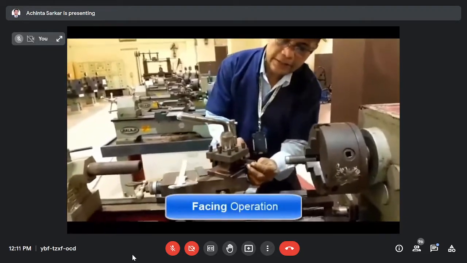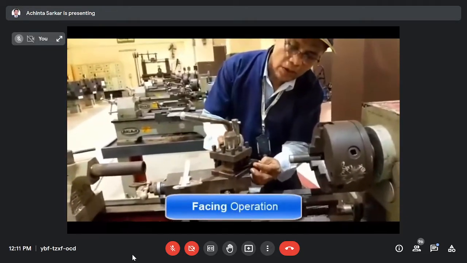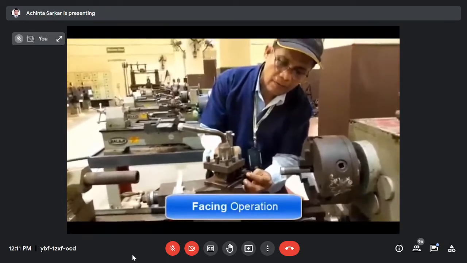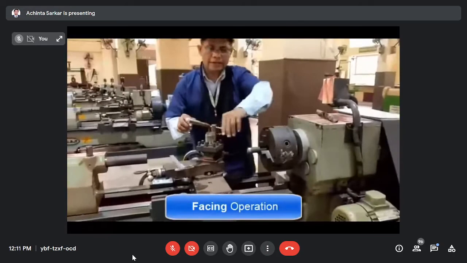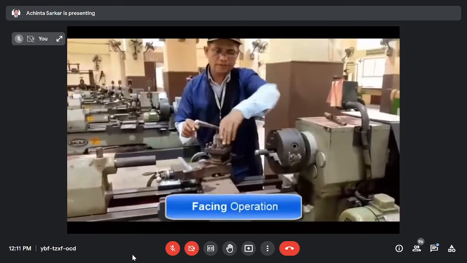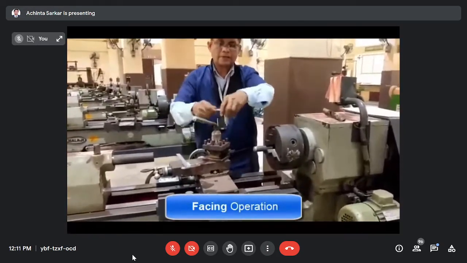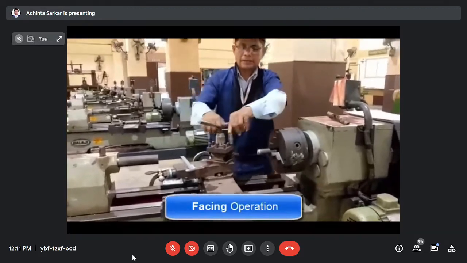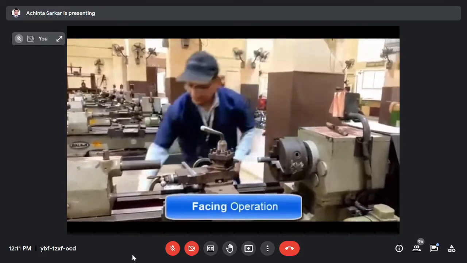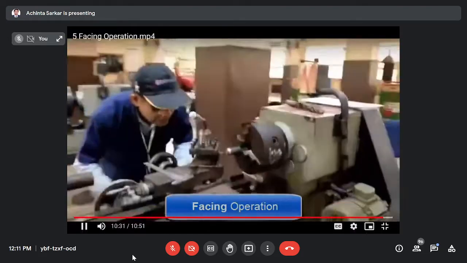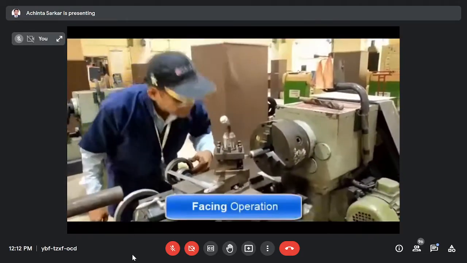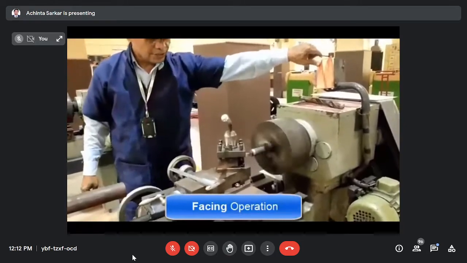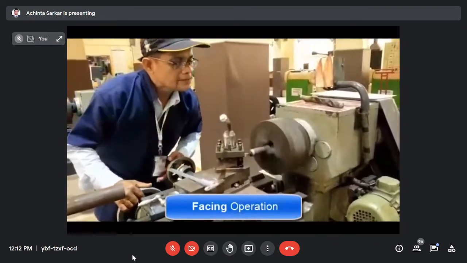Then again setting the cutting tool and tightening it. Properly setting the cutting point, checking whether it matches exactly the center of the workpiece or not. Okay, it is matching.